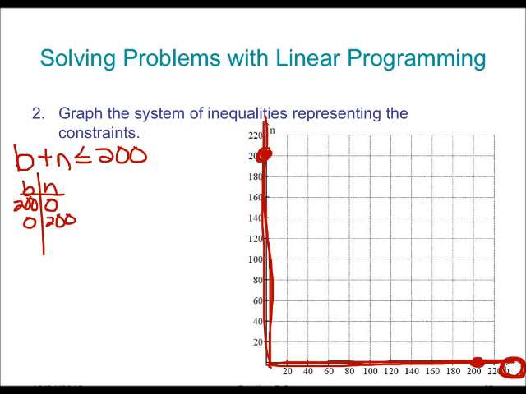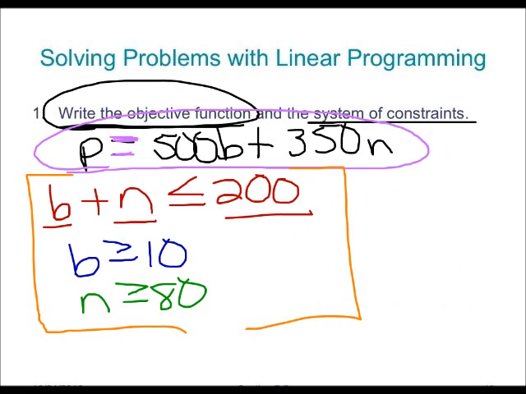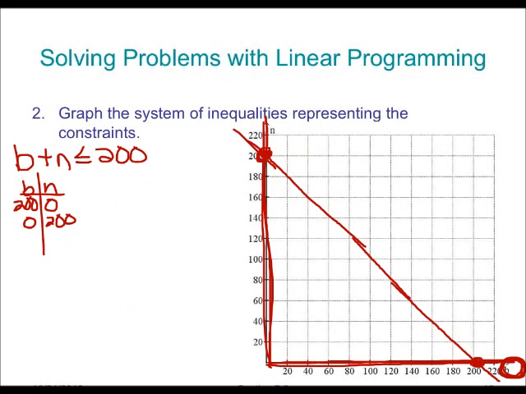Let me undo that and let's try again. A little bit better. And I need to shade. So with shading, you pick your test point. In this case, I'm going to pick 0, 0. Remember, you can pick any point you want to, as long as it's not on the line.